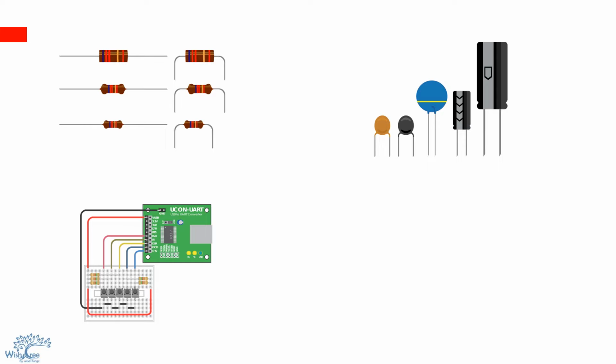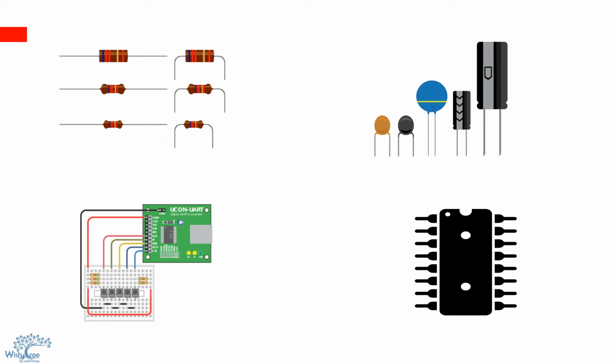Now, what companies did was they created these ICs, which were nothing else but those circuits packaged in a very small size for a specific purpose. Let's understand this using an example. You would have seen running lights that we use while decorating a house for festivals like Christmas, right?